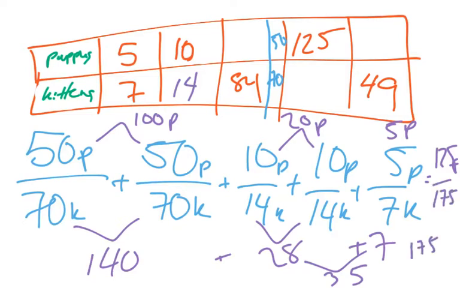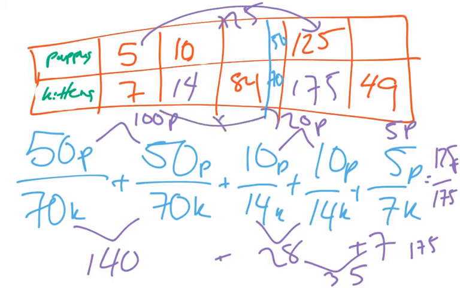Now notice that took me a lot more time than just knowing that 5 times 25 equals 125, and then multiplying 7 times 25.